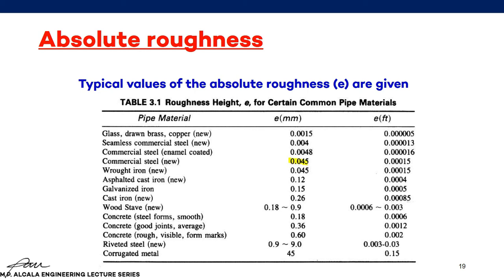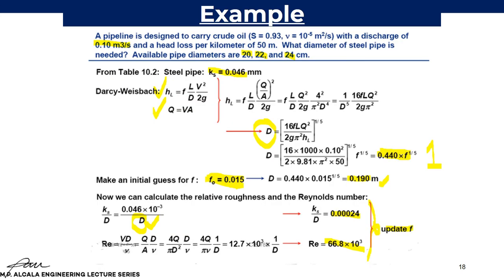Commercial steel, so close to 0.04. Actually, the range is 0.045 to 0.09, but the assumption here is 0.046. But in cases of problems, when I give problems, I will be the one to give the standard for steel pipe.